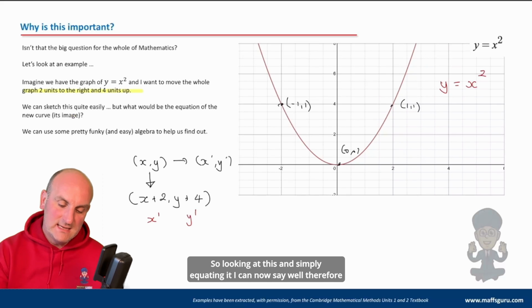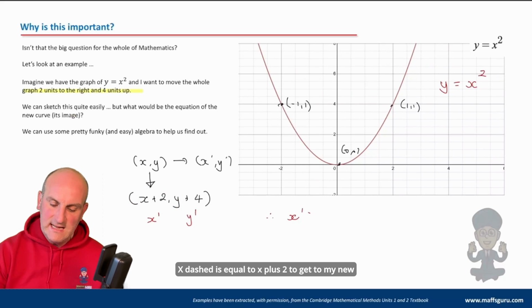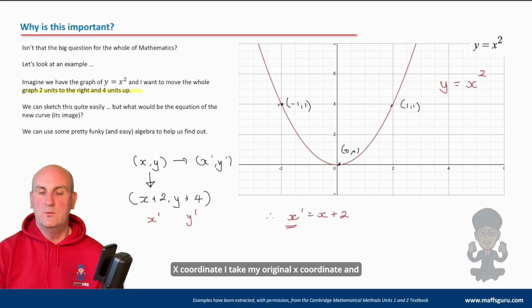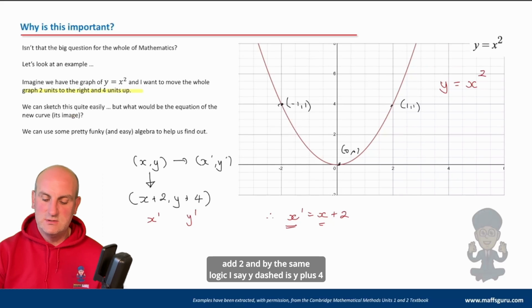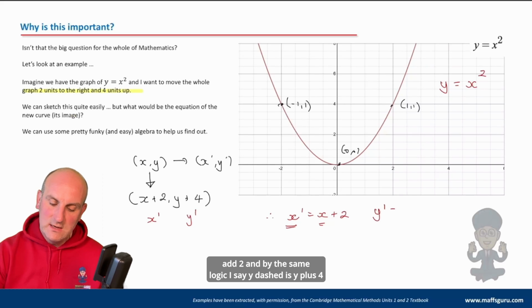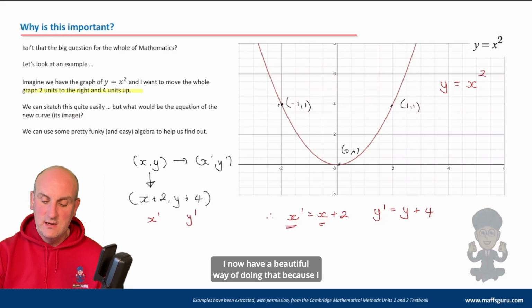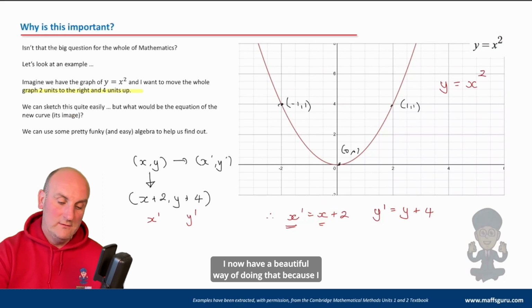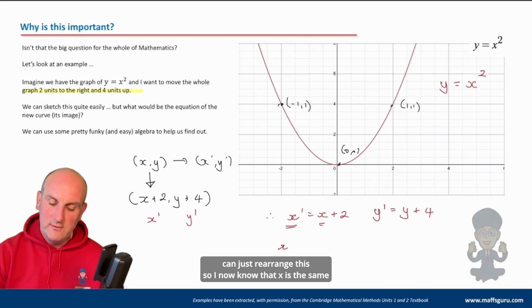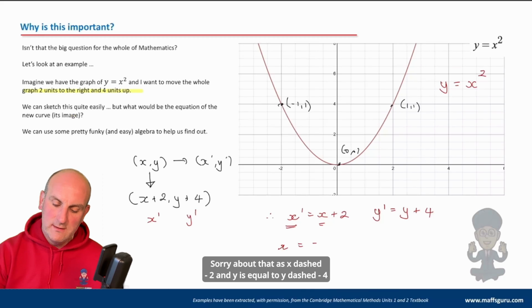So looking at this and simply equating it, I can now say, well, therefore, x dashed is equal to x plus 2. To get to my new x coordinate, I take my original x coordinate and add 2. And by the same logic, y dashed is y plus 4. Now, because I want to get rid of this x and y and replace it with x dashed, y dashed, I now have a beautiful way of doing that, because I can just rearrange this. So I now know that x is the same as x dashed minus 2.